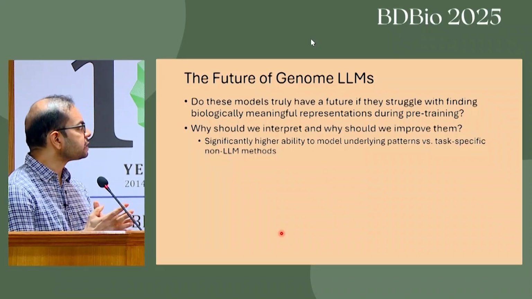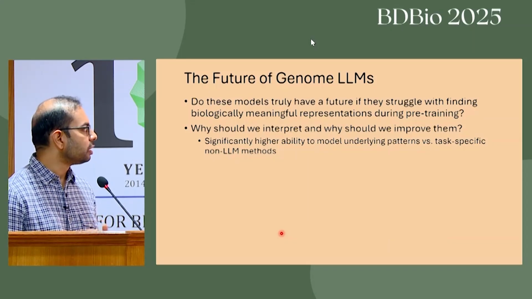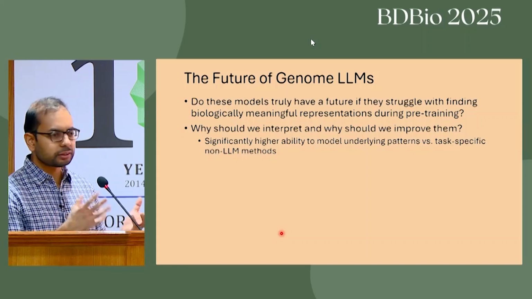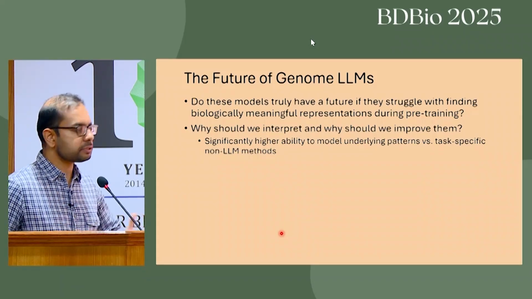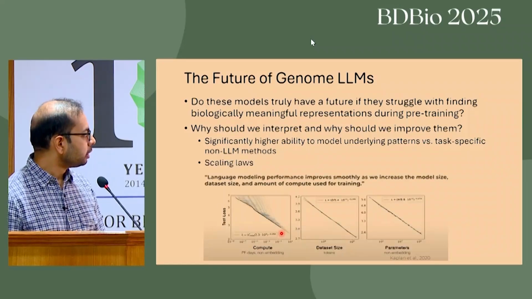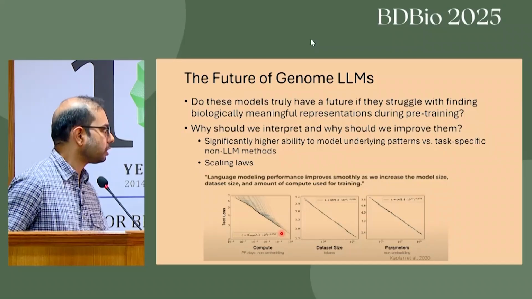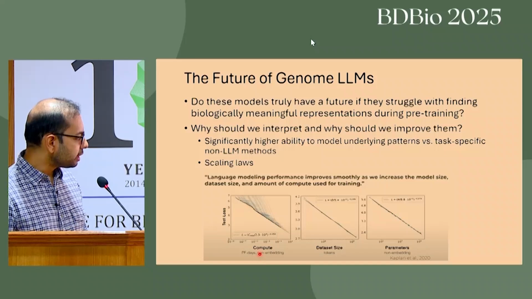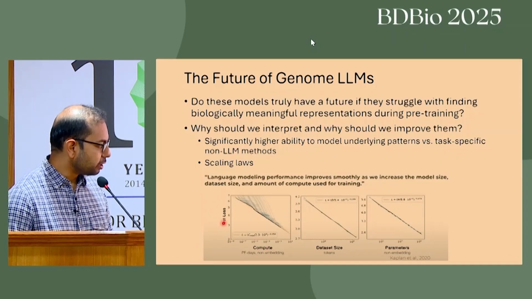First thing is that they have significantly higher ability to model the underlying patterns versus task-specific or other traditional non-LLM based methods. They have significantly more power, and the bigger the model, the more power it has. We have seen in scaling laws, and Aditya was referring to that, that the y-axis is the test loss, and lower is better.